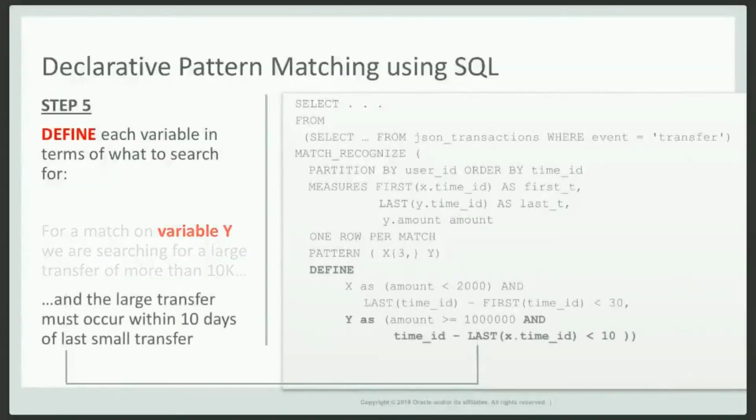And that the time difference between that large amount and the last small transfer, which we get by using last x.time ID, is less than 10. So there's only a 10-day window between the last small transfer and this transfer.